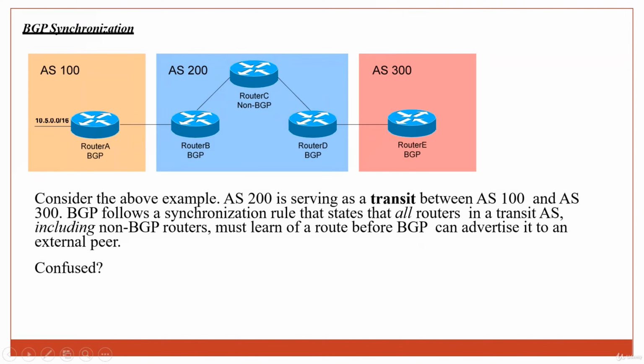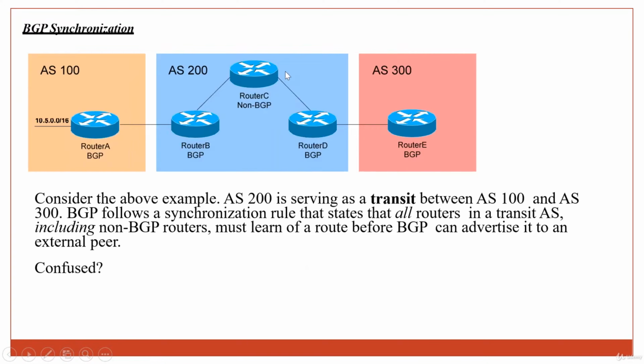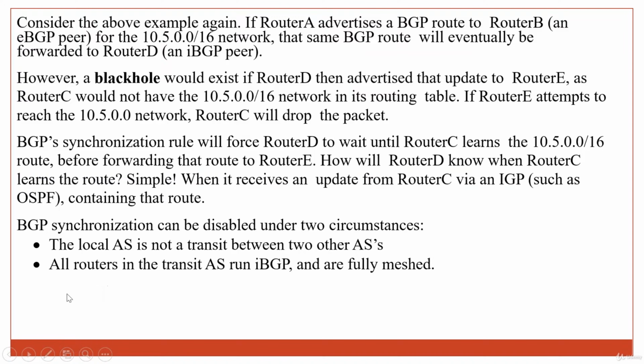Not all the routers could achieve this target, because they have to think more, as they have a greater number of control packets to process. The same explanation applies here. What we can do for BGP synchronization: if the local AS is not a transit, you don't need it, or if all routers in the transit AS run IBGP and are fully meshed.